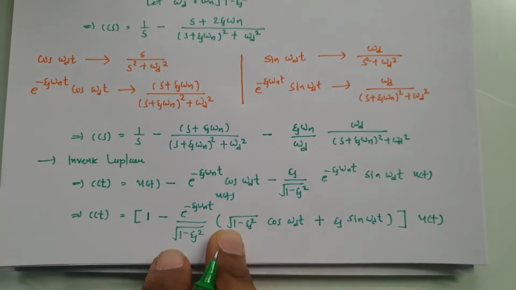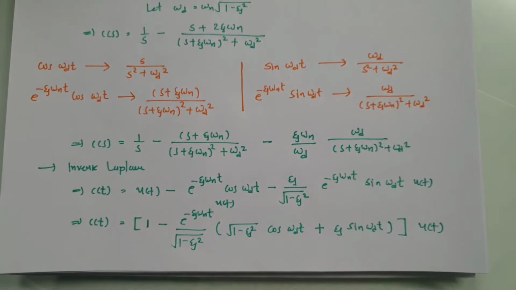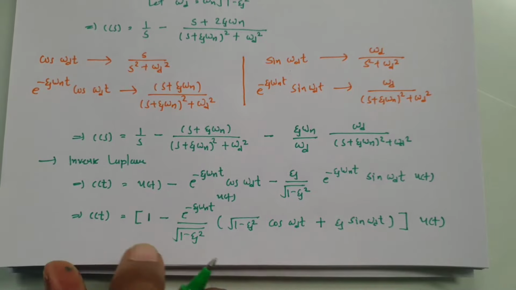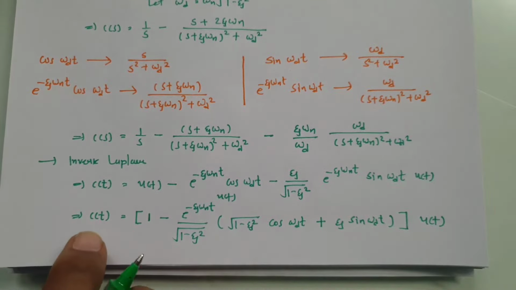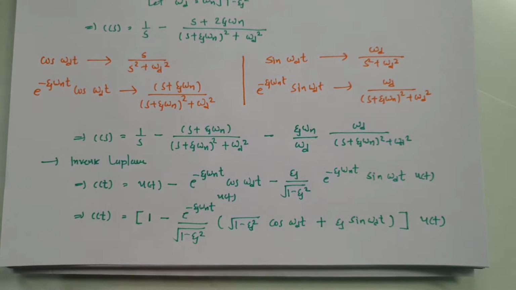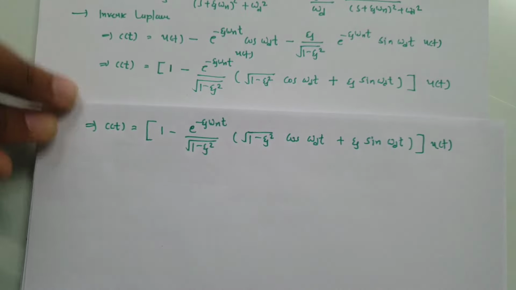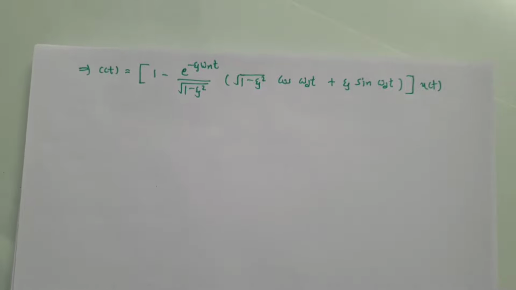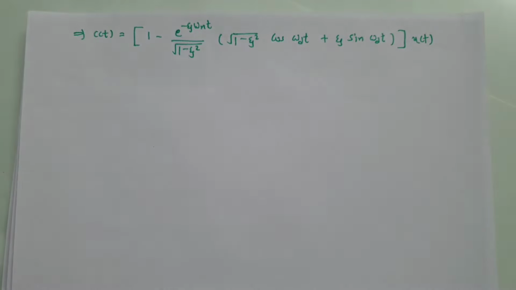So now I have this output c of t in time domain, and now I'll further simplify this c of t in easier terms so that at last you can understand how to plot this c of t graphically. Now see, we have this function, and I want to further simplify this.